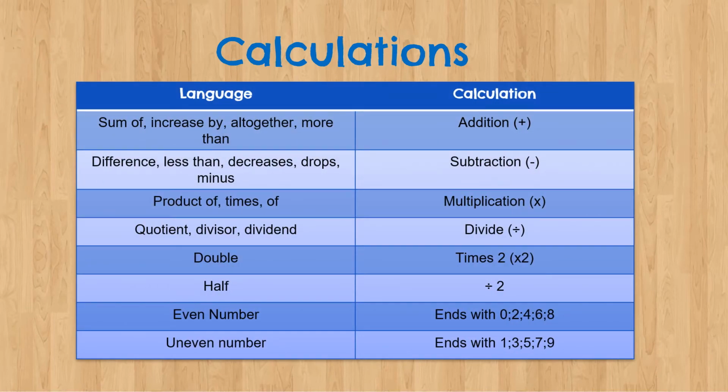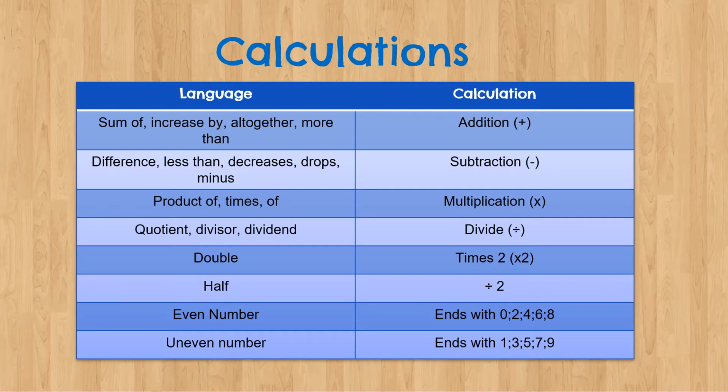Okay, calculations. You have to familiarize yourself with this table. It's language on the one side and calculations on the other side. When we work with sum of, increase by, altogether, more than, we have to work with addition. Difference, less than, decreases, drops, and minus are all examples of subtraction.